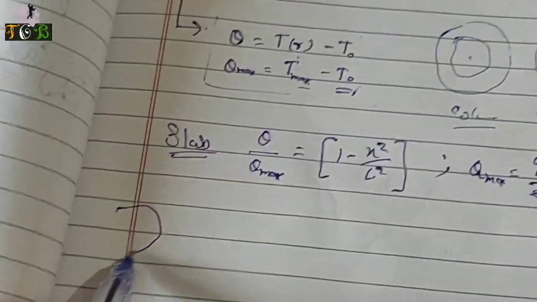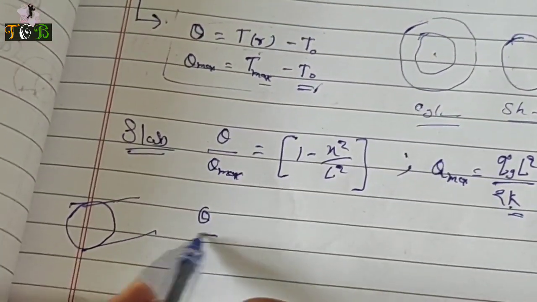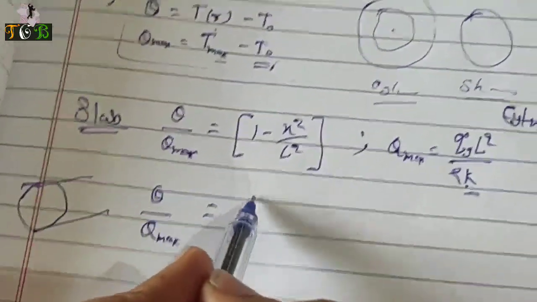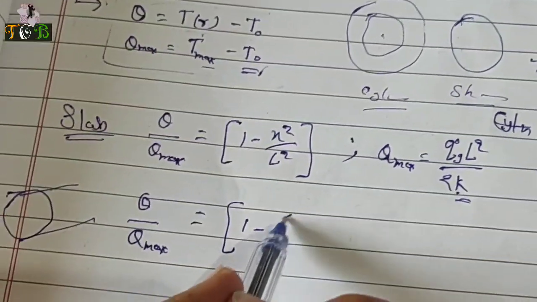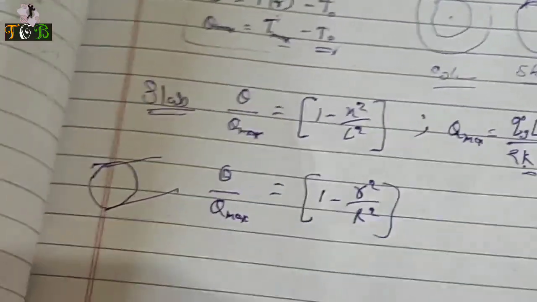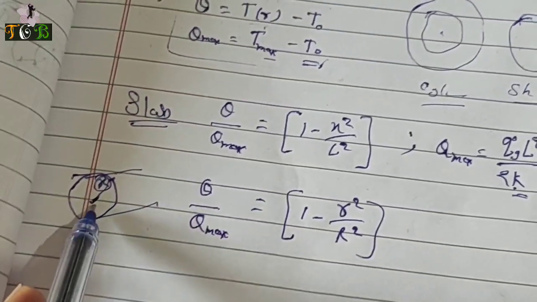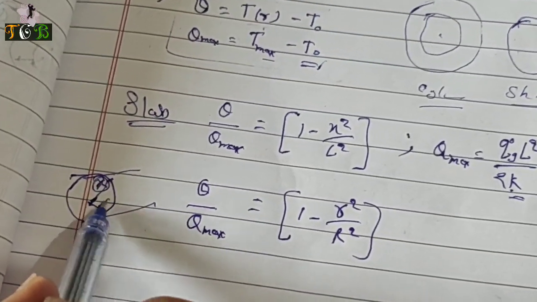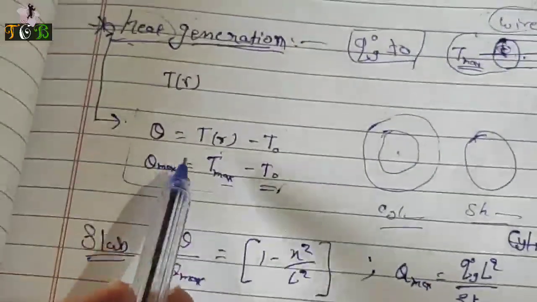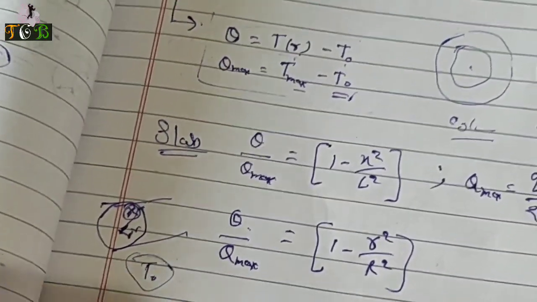Now if we talk about a cylinder, the formula will be almost the same, just the x becomes r square divided by capital R square. That's very easy, right? So if you have capital R and small r, theta is Tr minus T0, where T0 is the outside temperature.